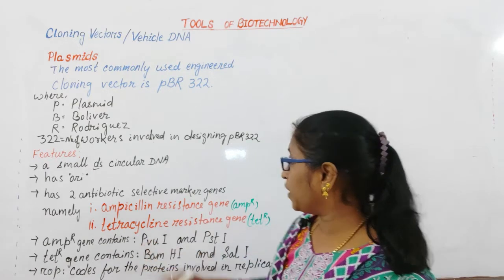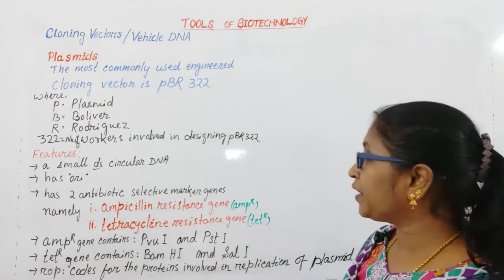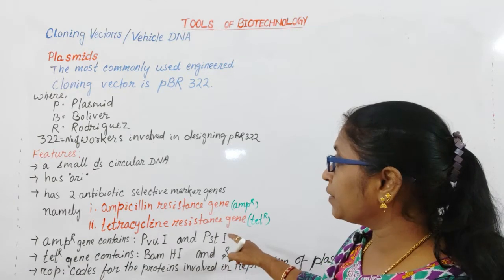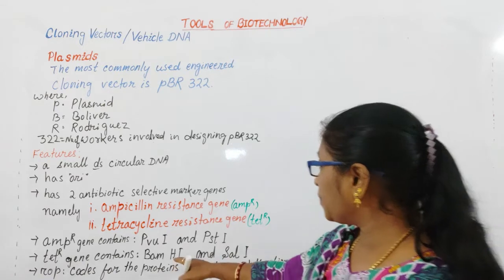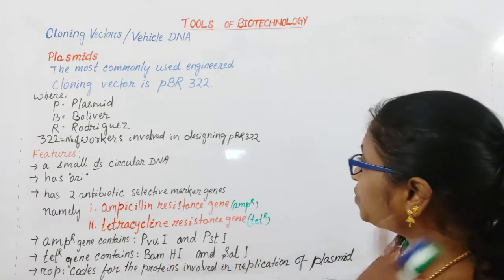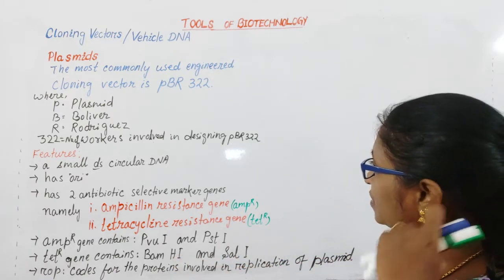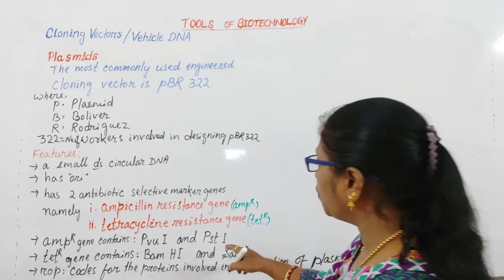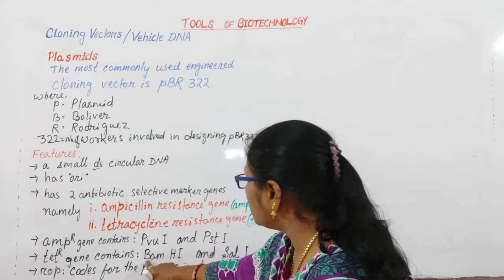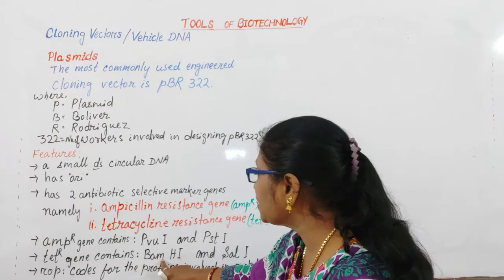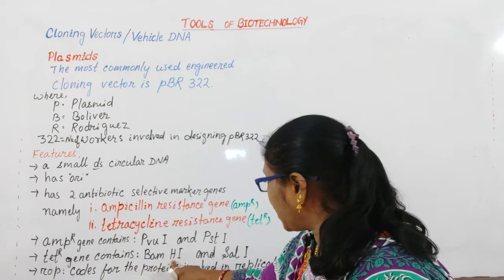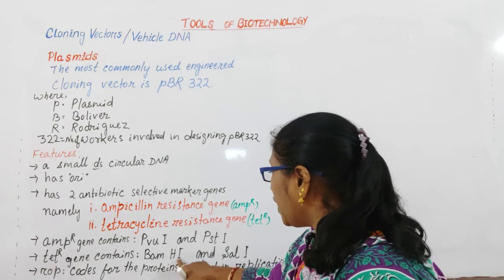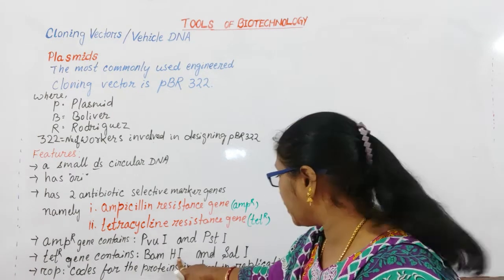This is Proteus vulgaris, and PstI is Providencia stuartii 1. BamHI is from Bacillus amyloliquefaciens: am comes from the species, H is the strain type, and 1 is the number.